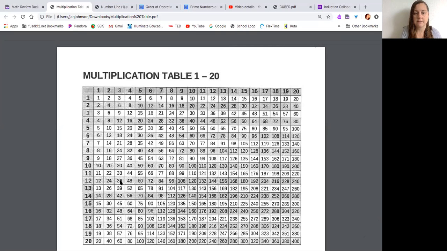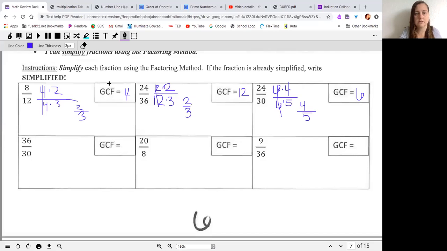Let's see, we have 3, right? 3 times 10 is 30. 3 times 12 is 36. So let's do that. So we'll do 3 times 12. And then 3 times 10.